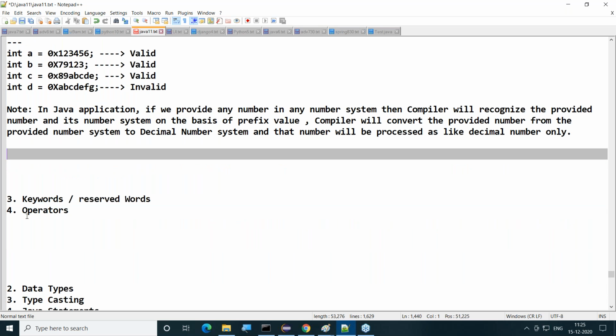In Java applications, if you provide any number in any number system, the compiler will recognize the provided number and its number system on the basis of prefix value. The compiler will convert the provided number from the provided number system to decimal number system, and that number will be processed as a decimal number only.